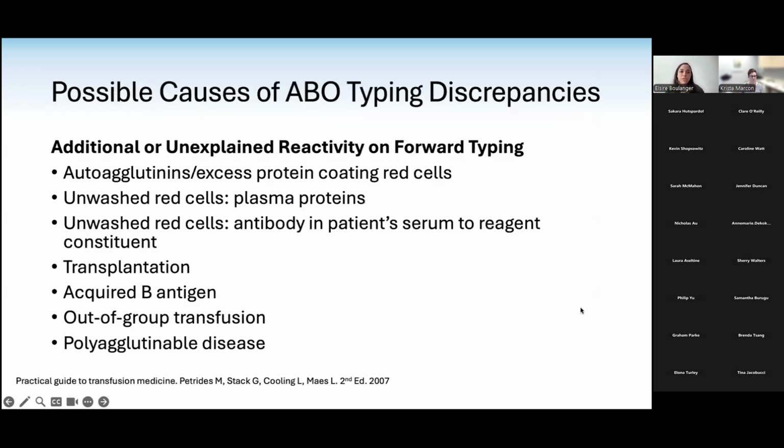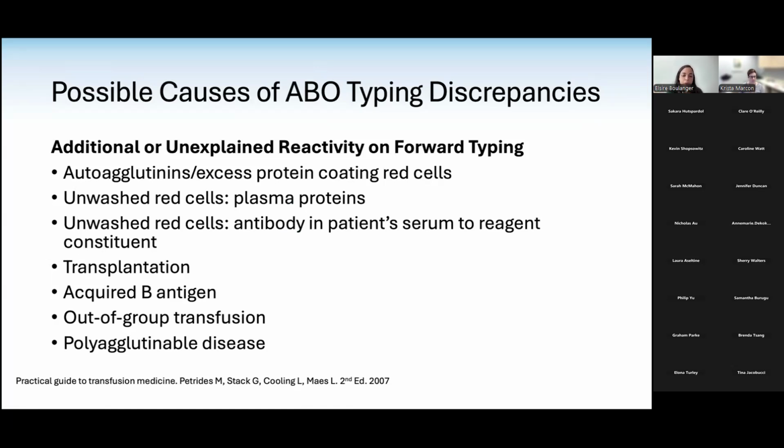When we have an additional or unexplained reactivity in the forward typing, we can have these possible causes. The acquired B antigen is one of them, as the case that we just saw. We have the transplantation, autoagglutinins, or excess protein coating red cells, which could be patients with myeloma, unwashed red cells with plasma proteins, or antibody in the patient's serum to a reagent constituent.